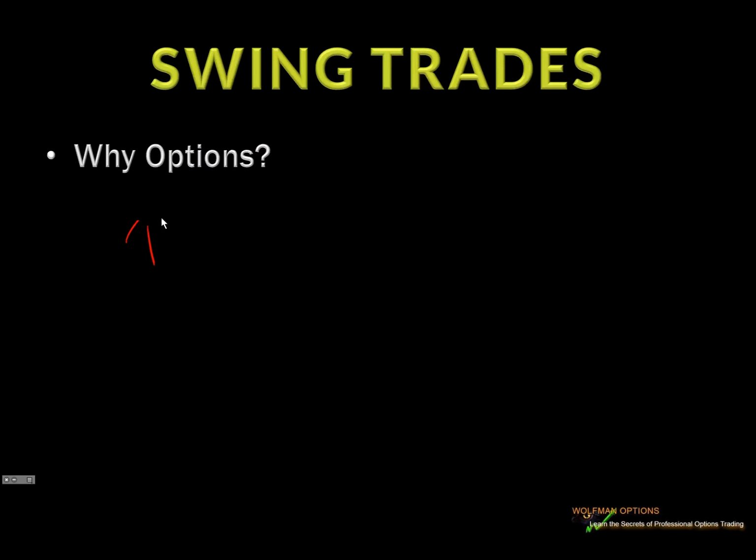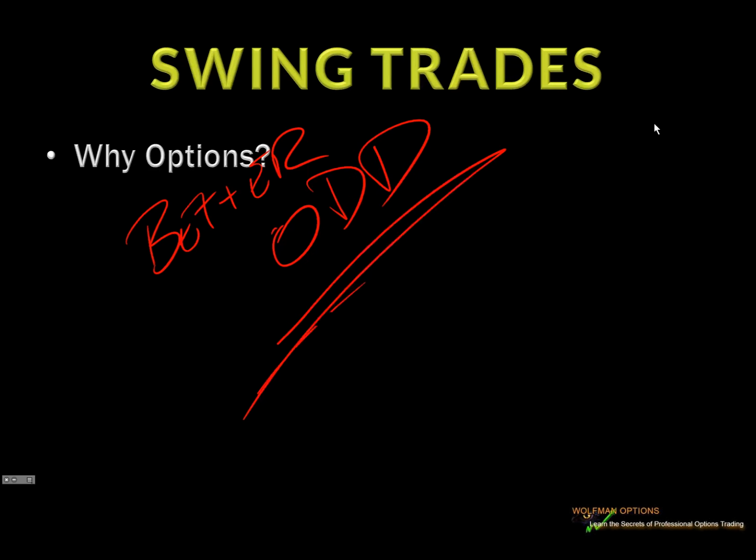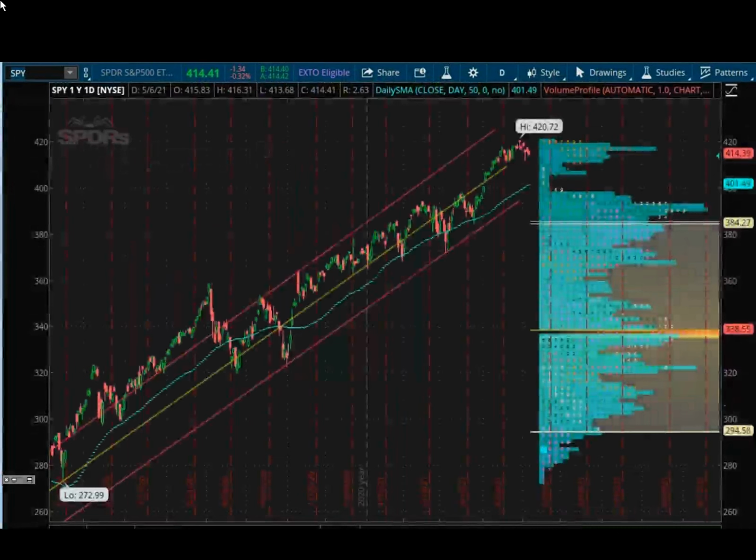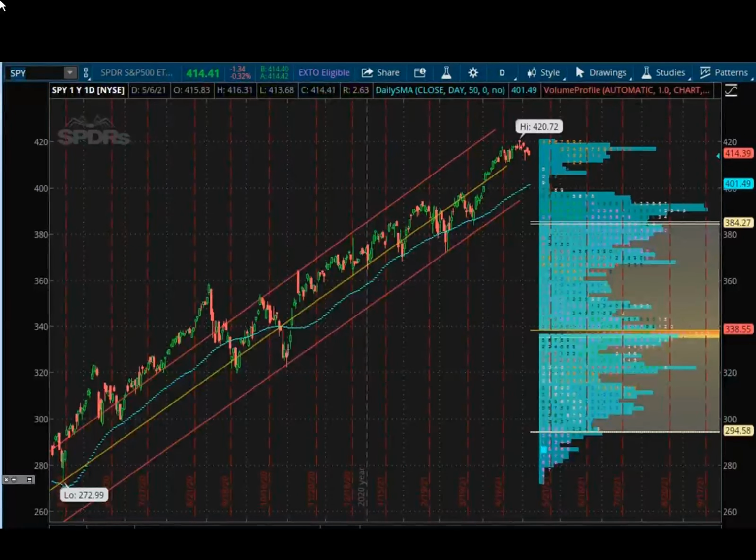Now, I mentioned this a little bit. Why options? You have better odds of success, all right? When you're trading options, you will always have better odds of success because, even with this strategy, where I said it's dollar for dollar the same, when we build this strategy out, there are times where we are going to be better off doing this strategy than the outright underlying, because we're using options.